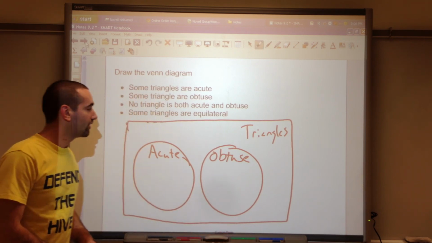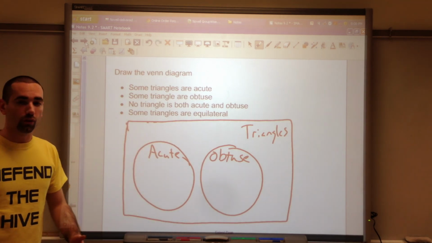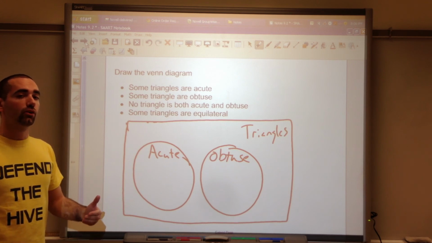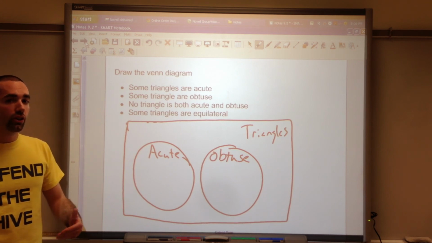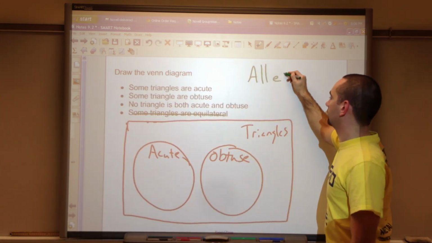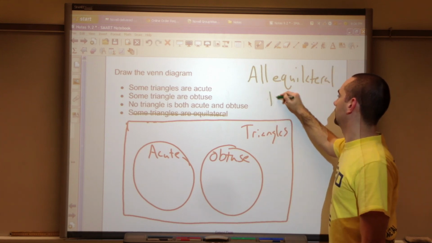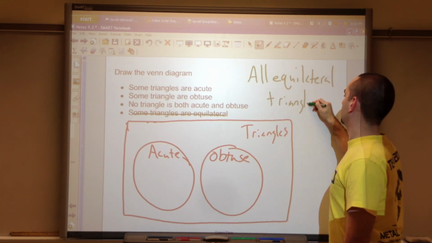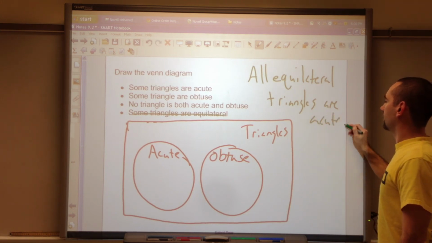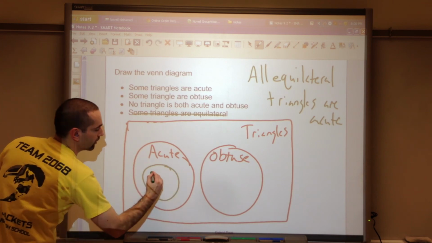This statement is incorrect in general. Some triangles are equilateral. Yes, that's true. But it should say all equilateral triangles are acute. So inside of our acute circle are equilateral.